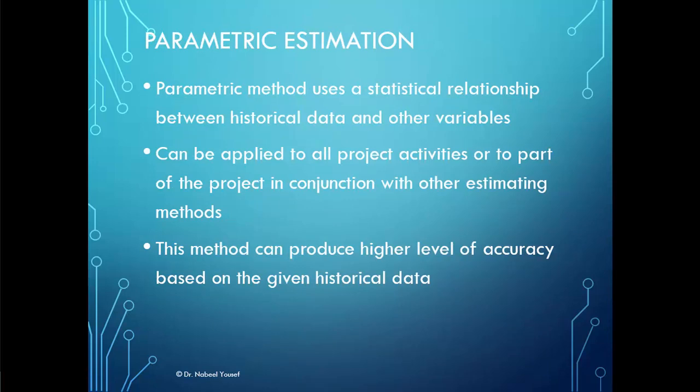The parametric method can be used in conjunction with other estimating methods and using historical data to produce a higher level of accurate estimates. It uses a statistical relationship between historical data and other variables.